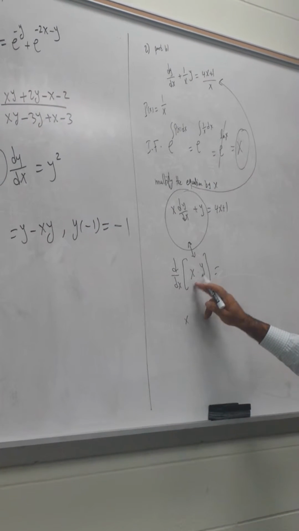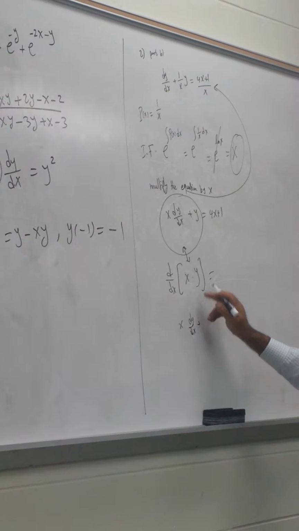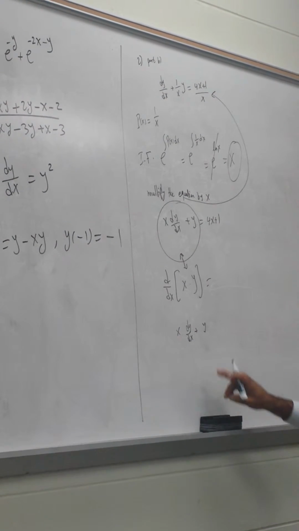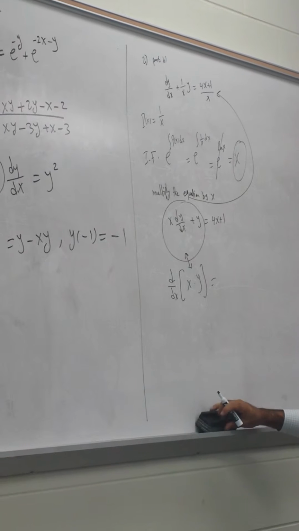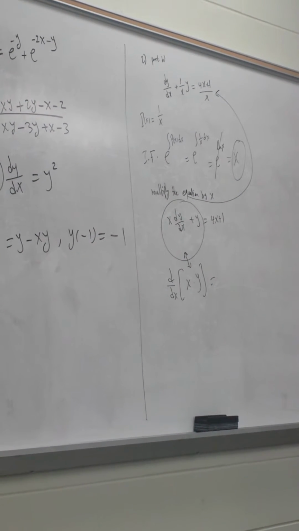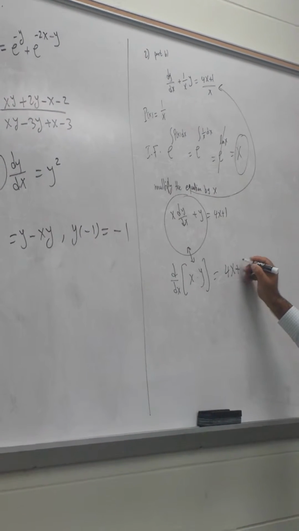By the product rule it will be x times the derivative of y, which is dy by dx, plus y times the derivative of x, which is 1. So that's this one. So then what we're saying is true. This side becomes the derivative of the integrating factor times y, and the right-hand side remains the same.